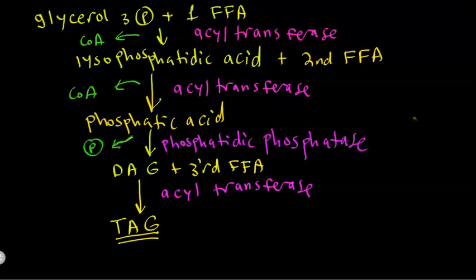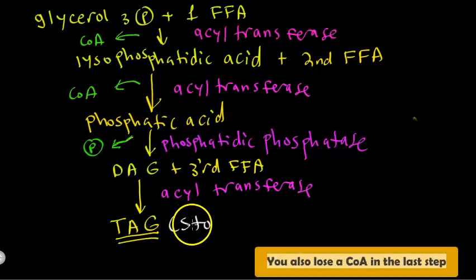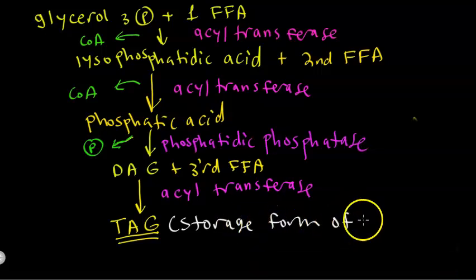This is the storage form of fatty acid. Storage form of our free fatty acids. Okay? It can also be known as fat. So this is an important storage molecule.